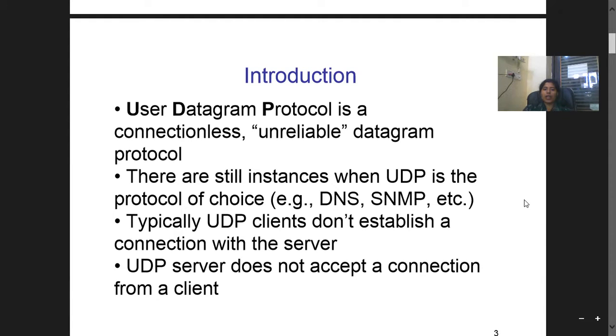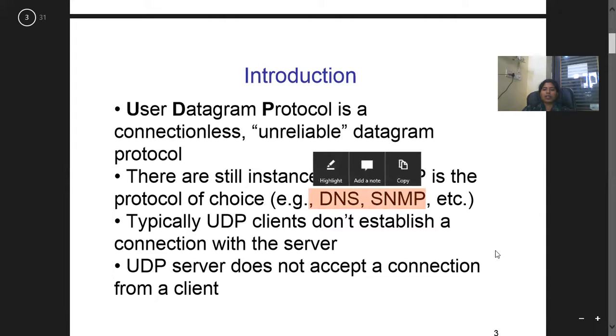This is well known, because data transfer is unreliable and there is no connection-oriented setup. There are still instances when UDP is the protocol of choice, like DNS and SNMP.